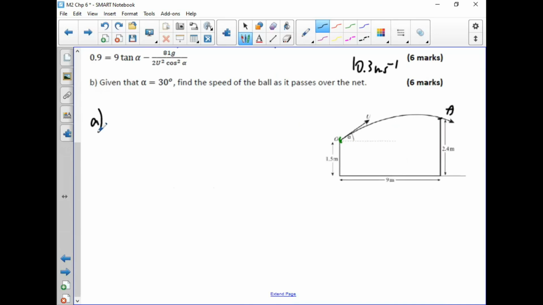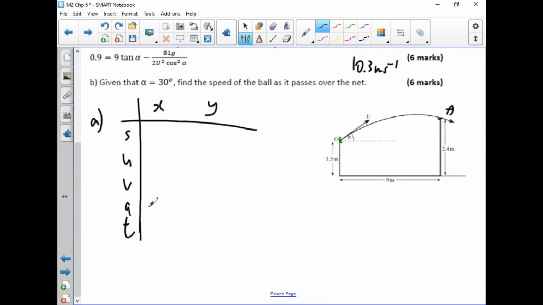So part A, from O to A, we're going to do a double sweep-out. We know ax is 0, ay is negative g. That's a given. Ux is u cos alpha, and uy is u sine alpha. Now, Sx we're given from that point O to A horizontally is travel 9 meters.